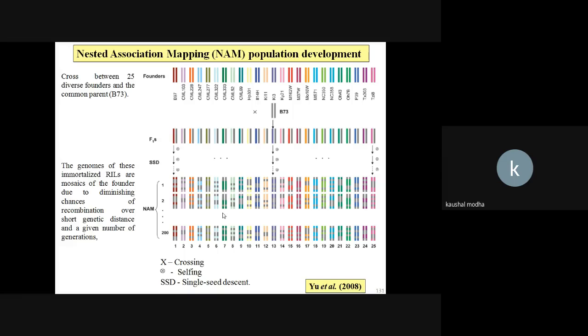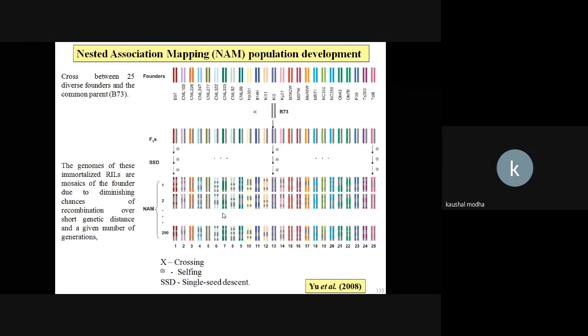Once they are genotyped, or let us say all the genomes have been sequenced using the NGS method, that genetic constitution is not going to change. Or otherwise, you can also follow the GBS approach to genotype these RILs for genome-wide SNPs.